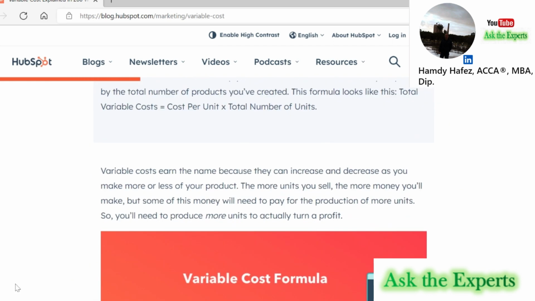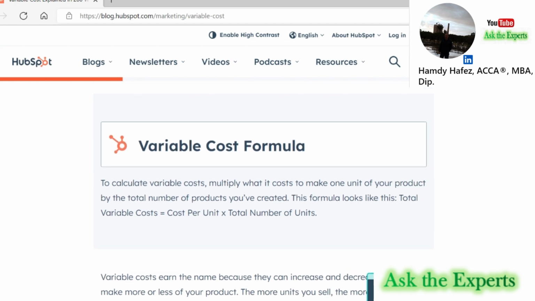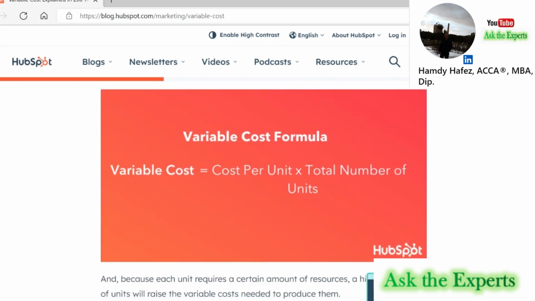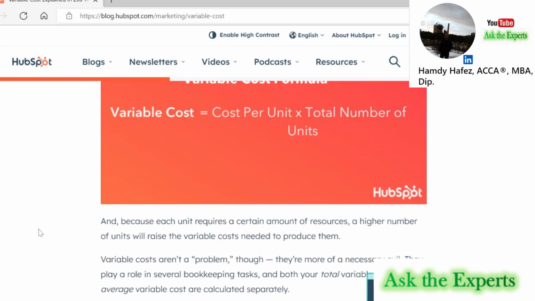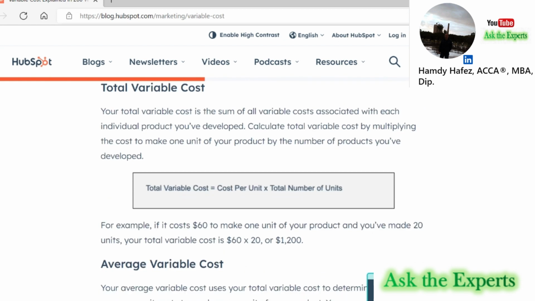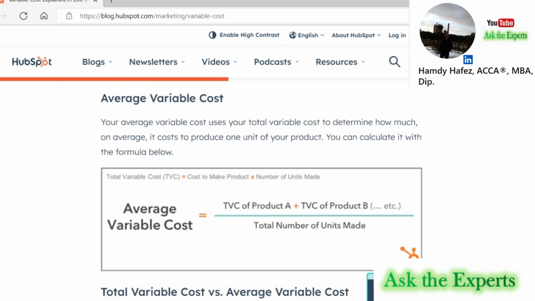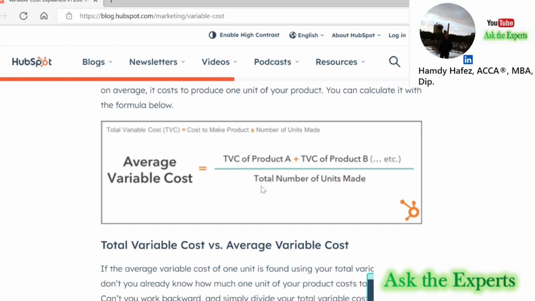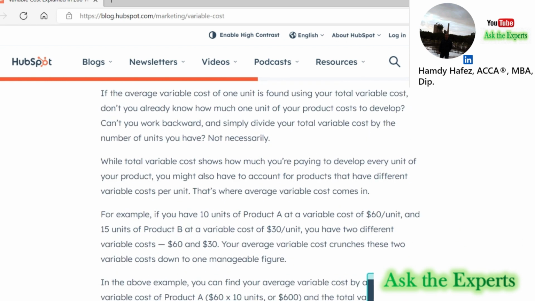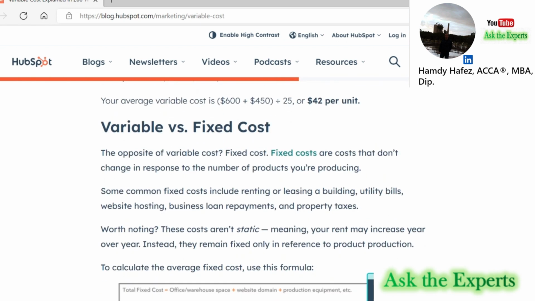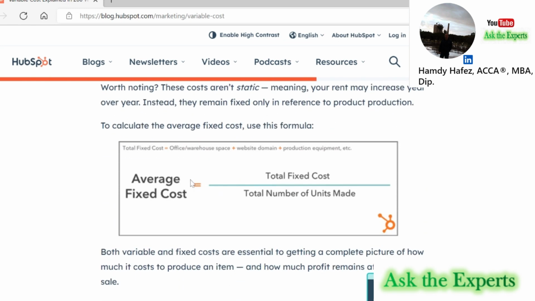Also, he referred to the variable cost formula as follows. Total variable costs equal the cost per unit multiplied by the total number of units. Also, he described how to calculate the average variable cost in case of multi-product calculation. Also, for how to calculate the average fixed cost, use the formula in this image.